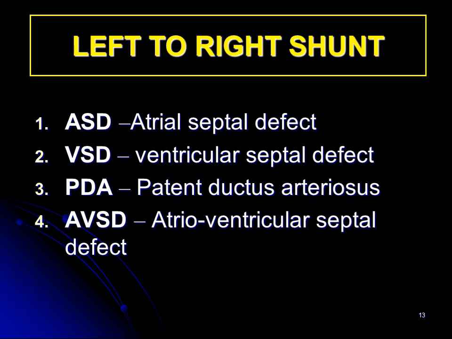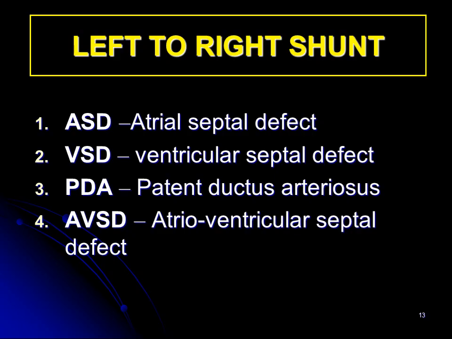There are four congenital heart diseases producing a left to right shunt anomaly, and these are atrial septal defect, ventricular septal defect, patent ductus arteriosus, and atrioventricular septal defect.